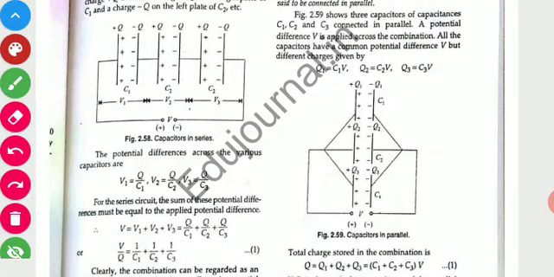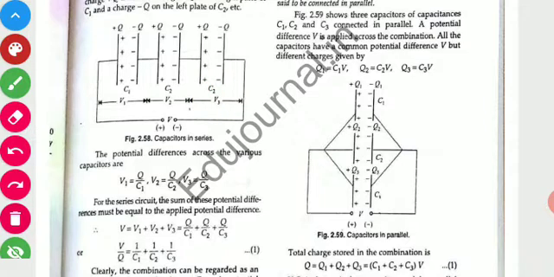The potentials across the various capacitors are, for example, for C1 the potential is V1, for C2 the potential is V2, and for C3 the potential is V3.